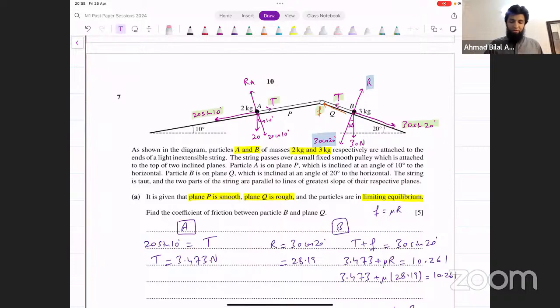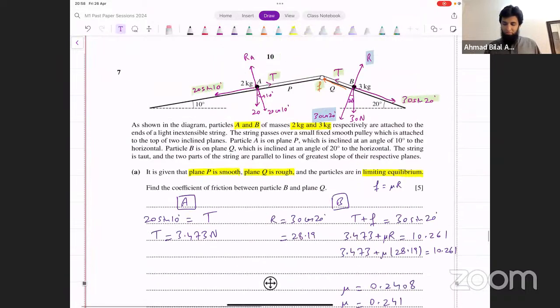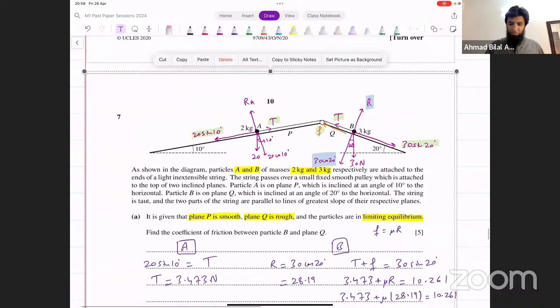Okay, now both the surfaces are smooth and there's no friction. Let me just copy this diagram here.